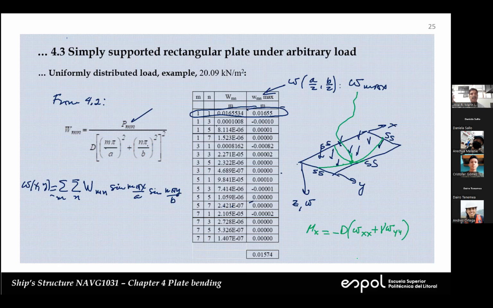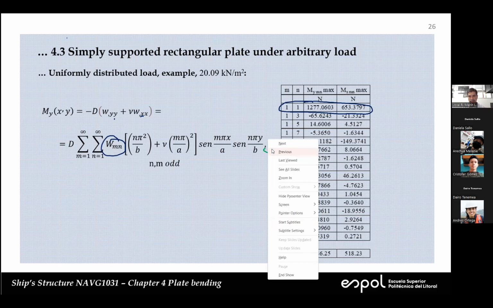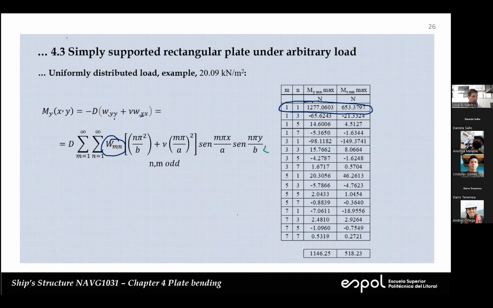So let's go on to the next step. We have to evaluate the moment. Now, here, we have to insist that for the rectangular plate, in the case of the uniformly distributed load, the curvature in the y direction, that's the shortest direction, is larger than in the other direction.